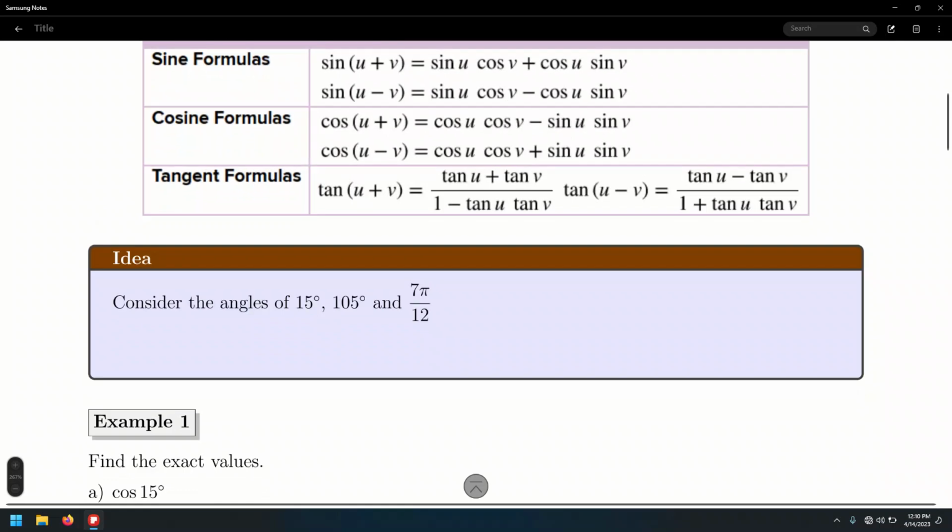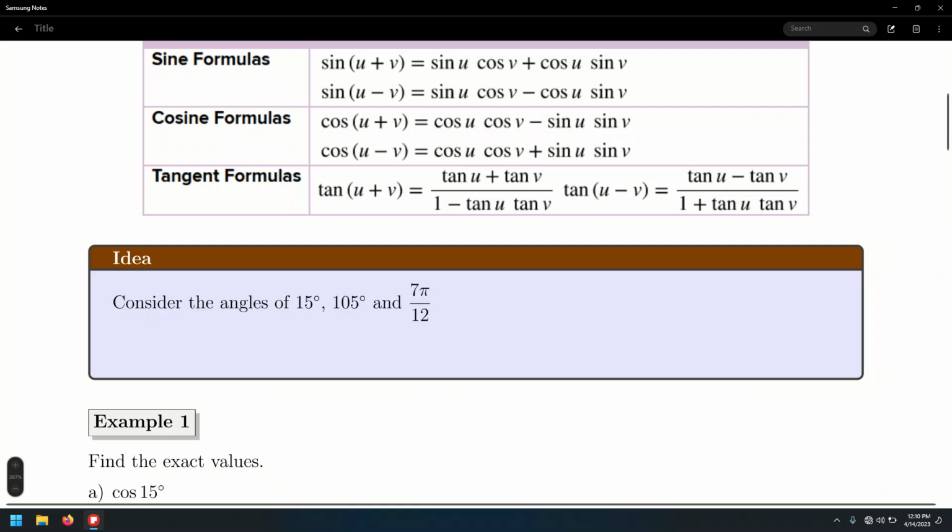For the cosine of a sum of angles, that one becomes a difference here. As opposed to having products between sine and cosine for the sine formulas, we have a product of cosines minus a product of sines. And for the difference, which becomes a plus, we have a product of cosines plus a product of sines.